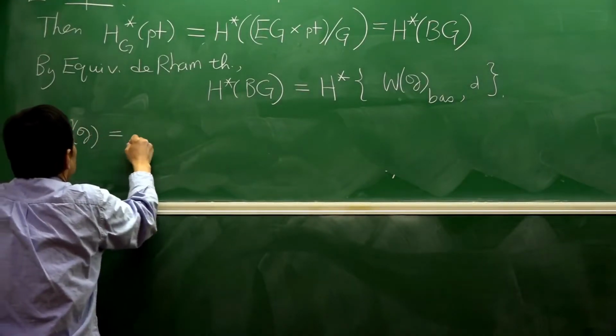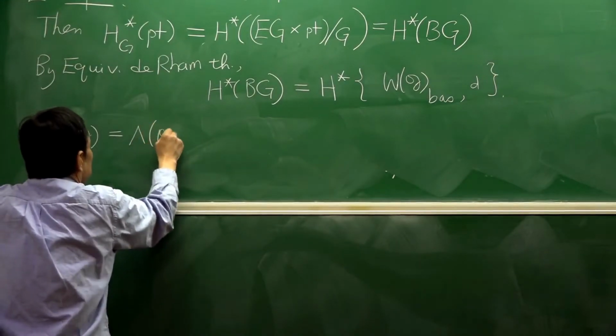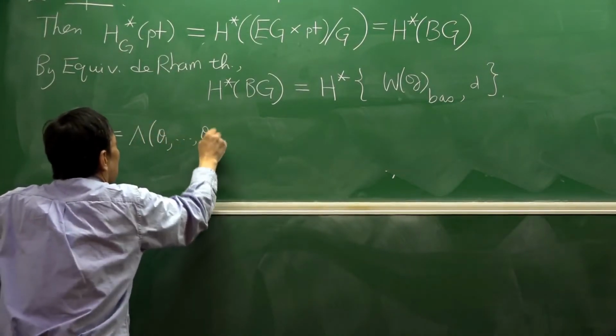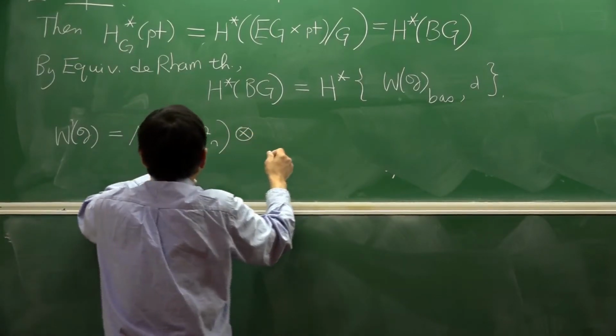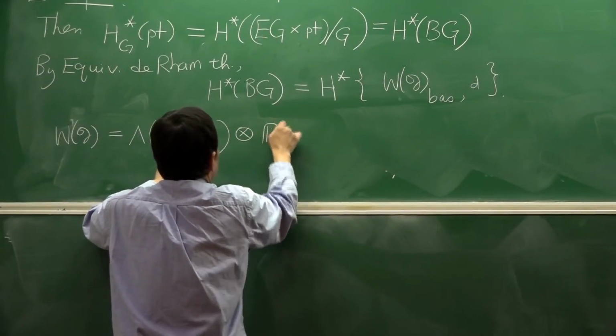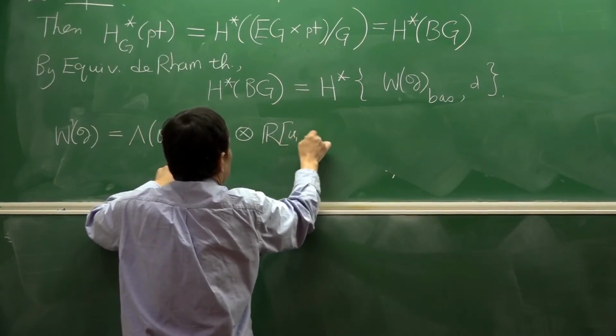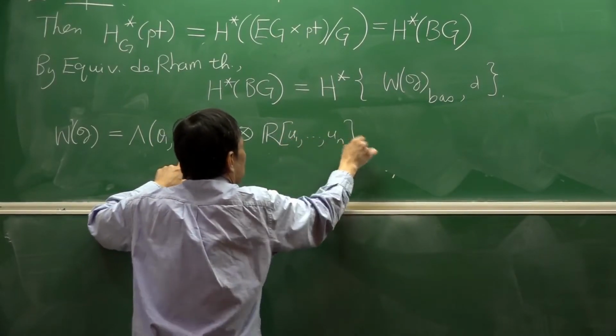Okay, so the Weil algebra, in terms of a basis, it's the exterior algebra on the thetas tensor with the polynomial algebra on the U's.